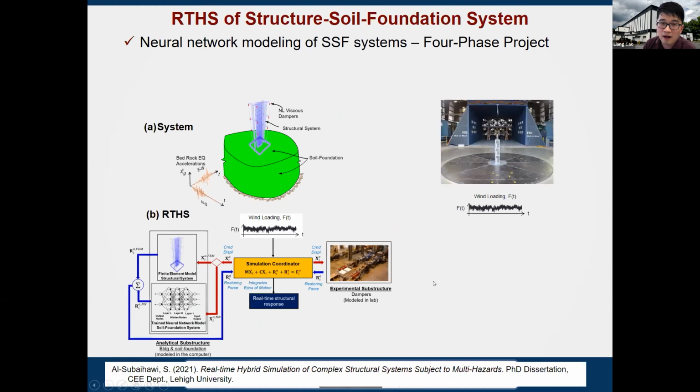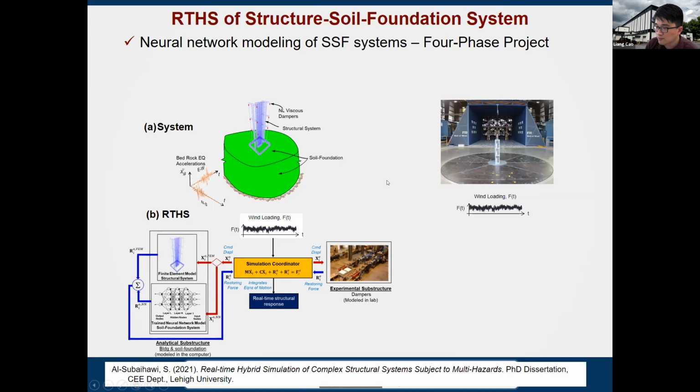Next, I'll give a quick wrap-up on our recent development. This is one of the students' developed real-time hybrid simulations of structure-soil-foundation systems, which focuses on the same 40-story building, where for the soil foundation system we are using new neural network models to model the soil foundations.